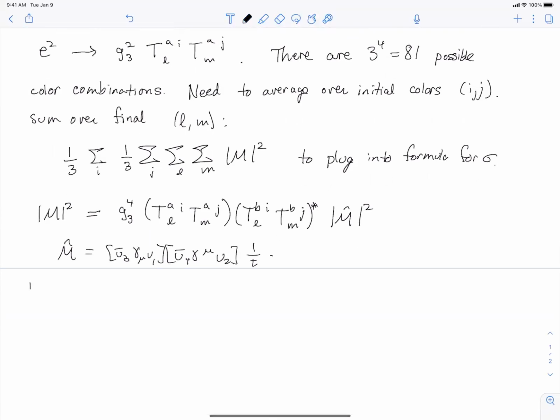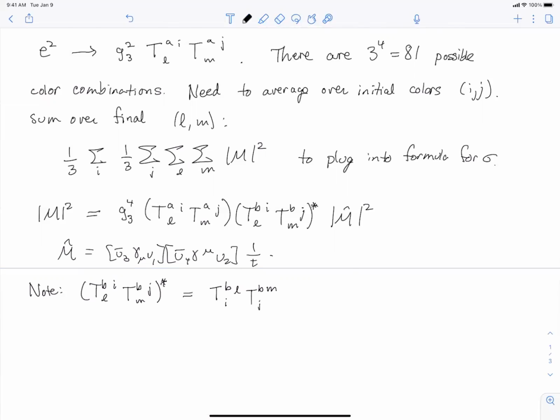And the first thing to notice is, let's look at the complex conjugate part, the part that came from the complex conjugate. So T^B_{Li}, T^B_{Mj} star is equal to T^B_{il}, T^B_{jm}.